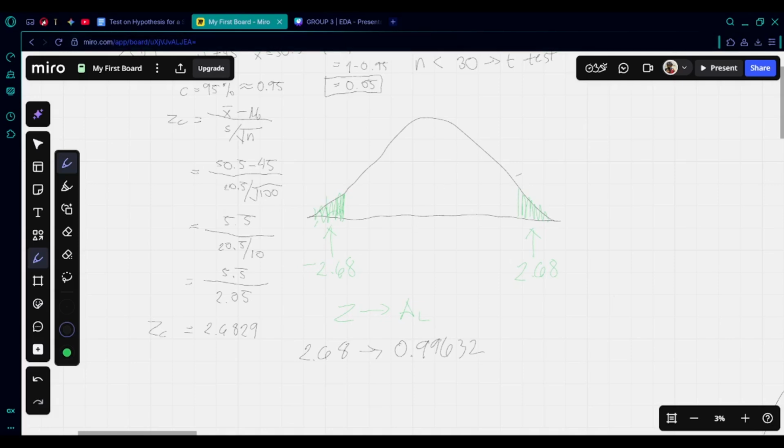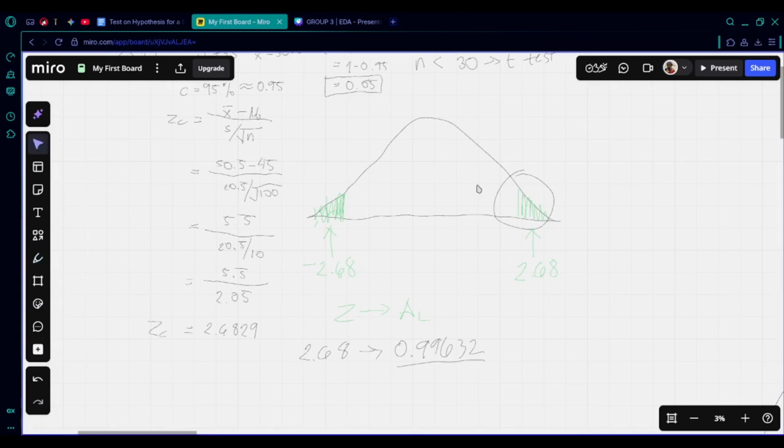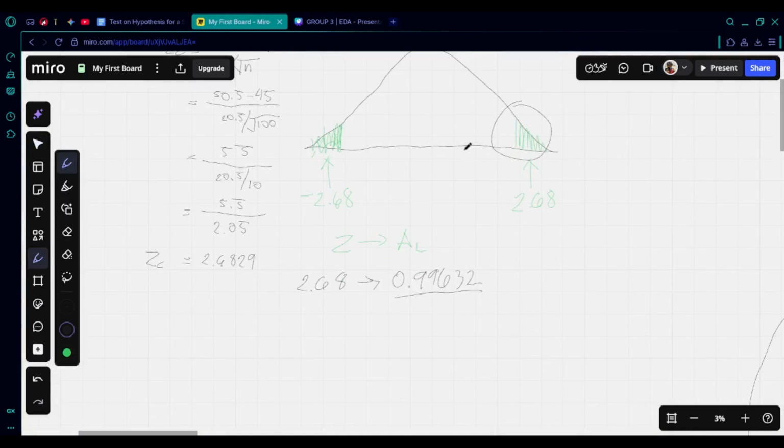Now that we have our accumulative area, 0.99632, what we want is the value of this one, and to compute that, we will subtract this accumulative area to the left from 1. So 1 minus 0.99632. Wait, I will just use my calculator. 1 minus 0.99632 is 0.00368.